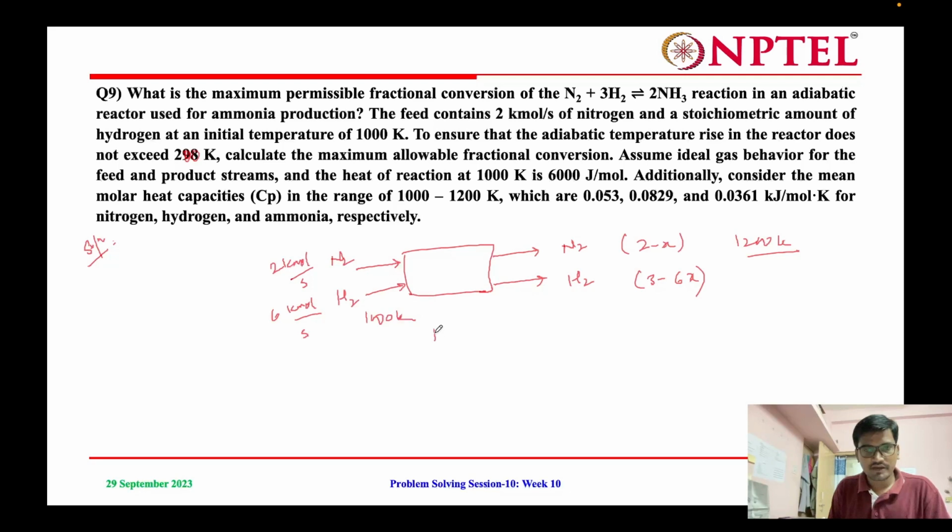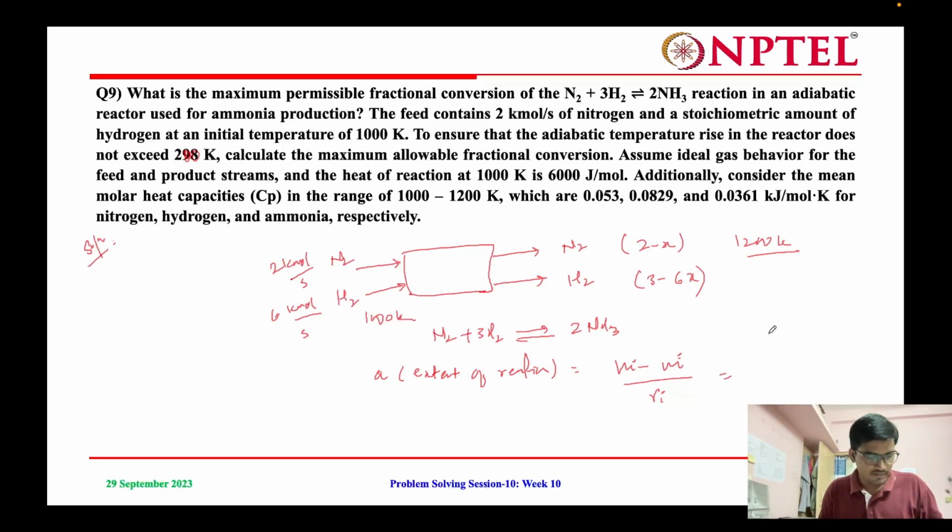The reaction given is N2 plus 3H2 gives twice NH3. So the extent of reaction alpha equals final moles minus initial moles divided by the stoichiometric coefficient.